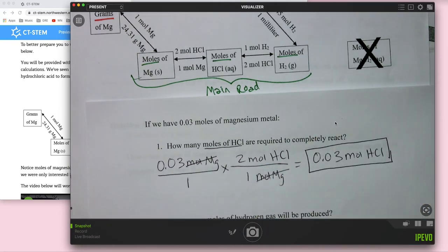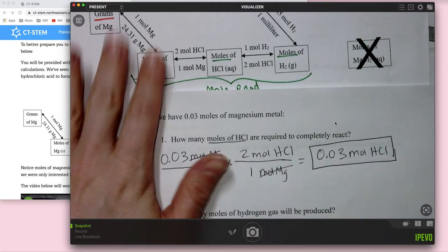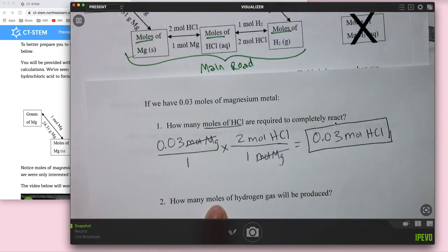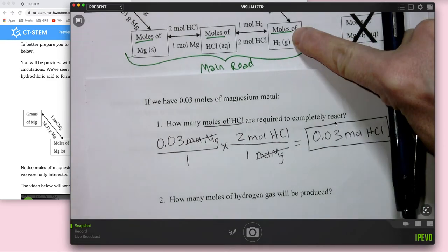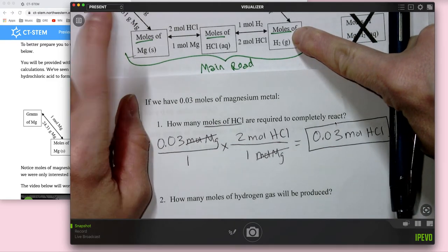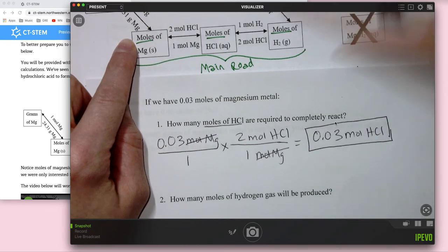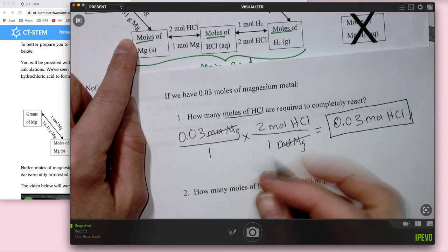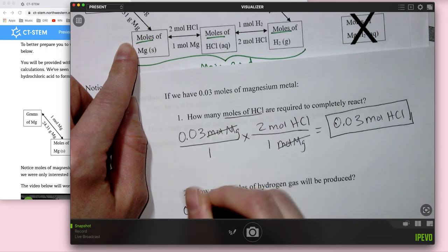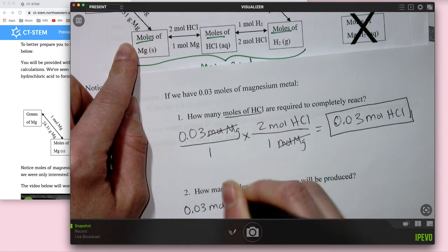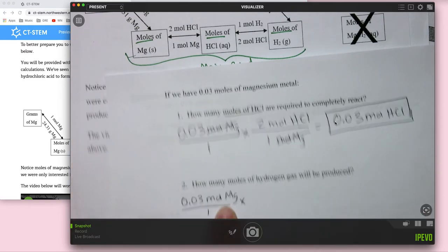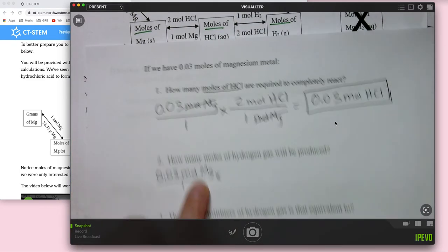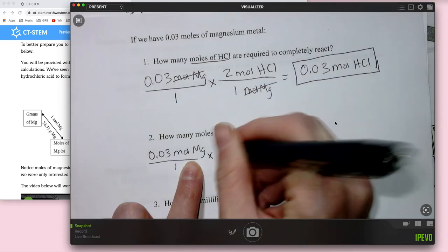Okay. The next one is how many moles of hydrogen gas will be produced. Okay, so mole of hydrogen gas is here. I am given mole of magnesium over here. So I'm just going to start with 0.03 mole of magnesium over 1. Since mole of magnesium is in the numerator, I know that that's what's going to be in the denominator.